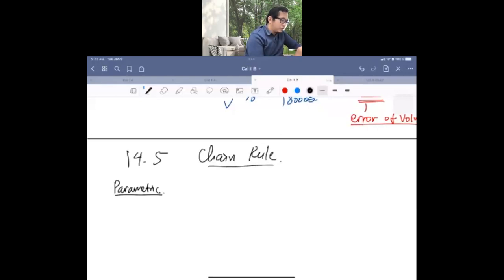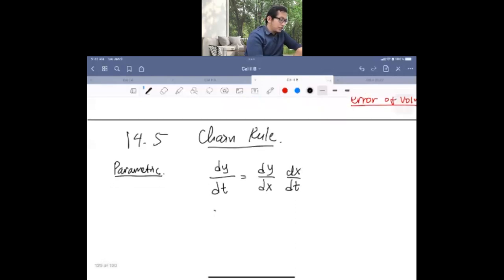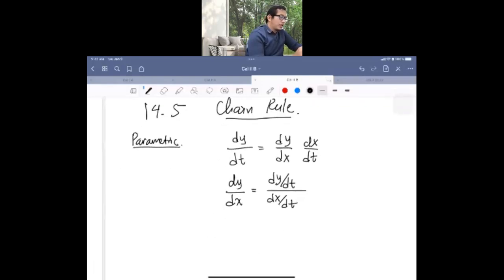If you remember, we start doing the parametric from the chain rule of this dy over dt, and we have these definitions, right? And then we can write the dy over dx as dy over dt over dx over dt, right?